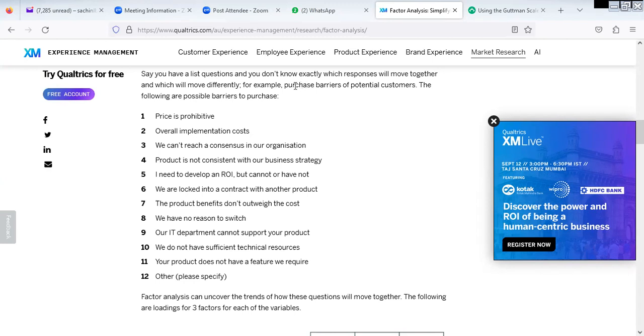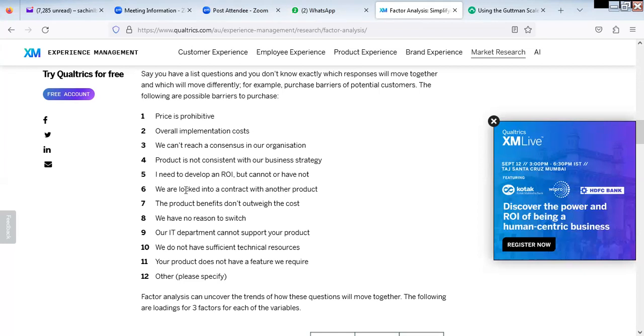So here there is an example: purchase barriers for potential customers. We have created the statements. Price is prohibitive, overall implementation cost. We cannot reach the consensus in our organization. Product is not consistent with our business. I need to develop a return on investment, but cannot.